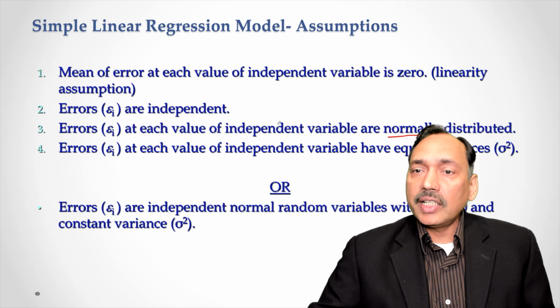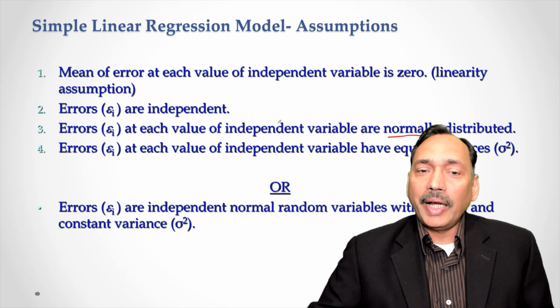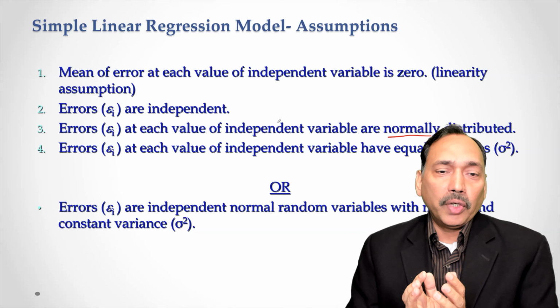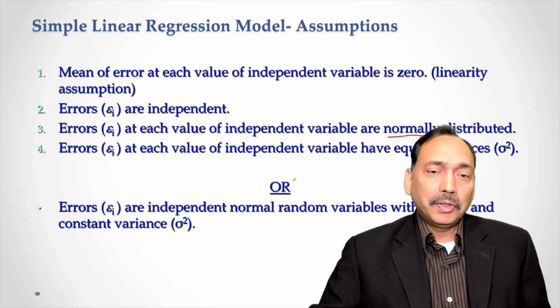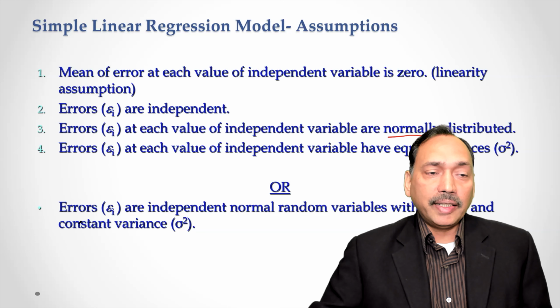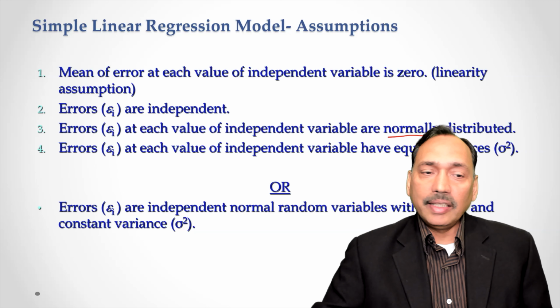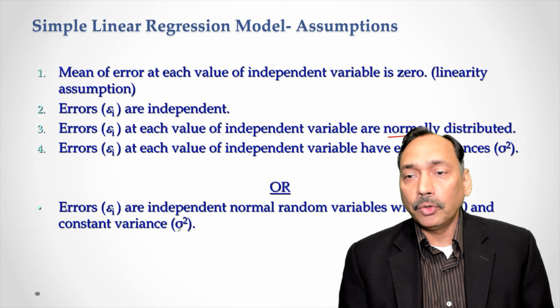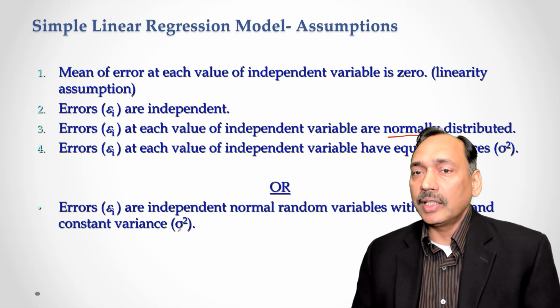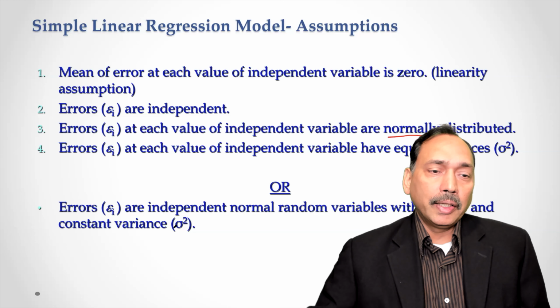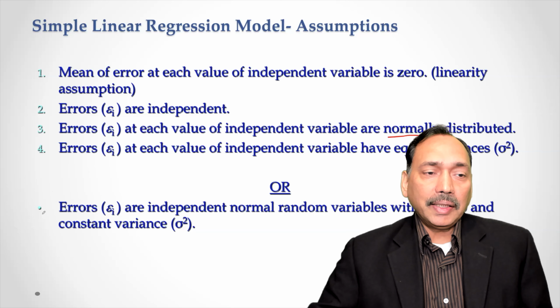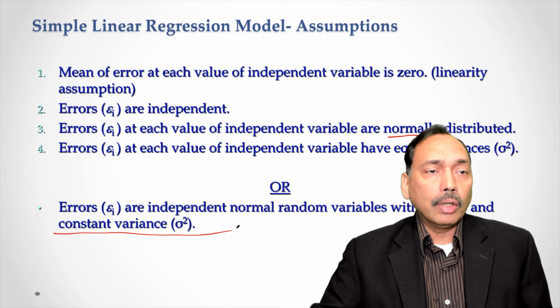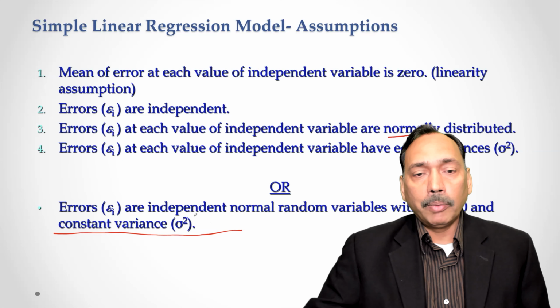But all these four assumptions can be combined into one simple sentence, which is indicated here: errors are independent normal random variables with mean 0 and constant variance sigma square. Some unknown variance, we don't know how much that is, and obviously it will vary from data to data. But this statement combines all four assumptions that you see above.